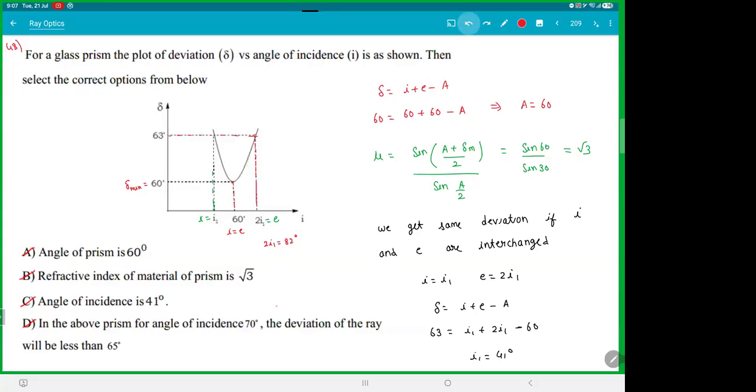It will definitely give less than 63, isn't it? Is that making sense? 2I1, 82 degrees, gives delta 63 degrees. Therefore, if your angle of incidence is 70 degrees, then delta must be less than 63 degrees. All four answers are right.